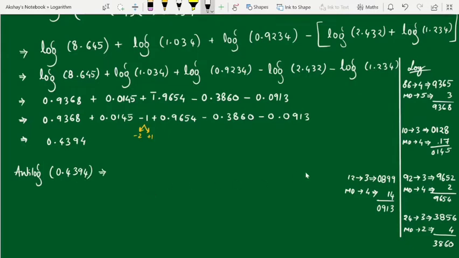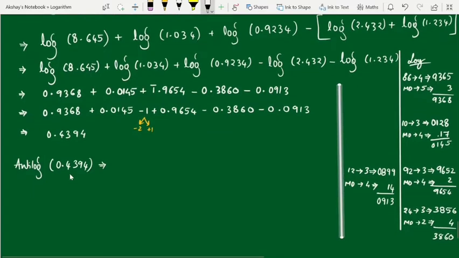Open anti-logarithm table. So these are actually log values. So here let me write anti-log value.